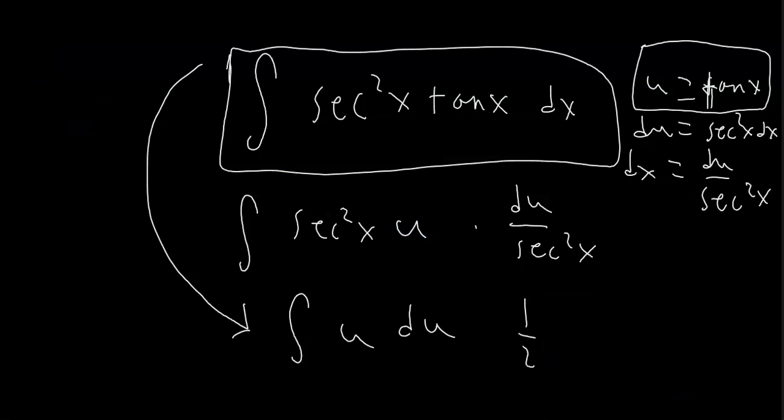In terms of x, we just replace the u, right, with tan x, so 1/2 tan x squared plus c. And that's our answer.